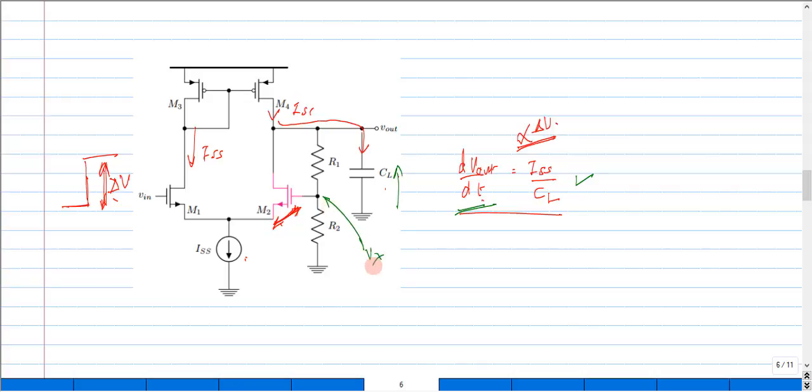This node will also try to move up, right? So this node will also try to increase when the output voltage across the capacitor keeps on increasing. And the moment you create a potential difference between this Vin and this particular node Vx, which is quite enough, right?